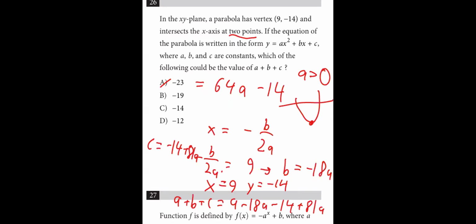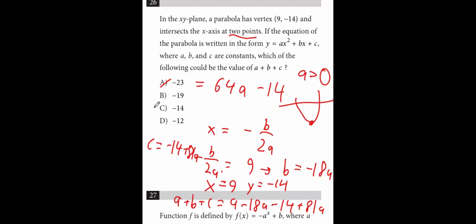For answer choice C, we would get 64a is equal to 0. That would make a equal to 0. 0 is still not greater than 0. In fact, 0 would mean it's not a parabola at all. It would be a line.